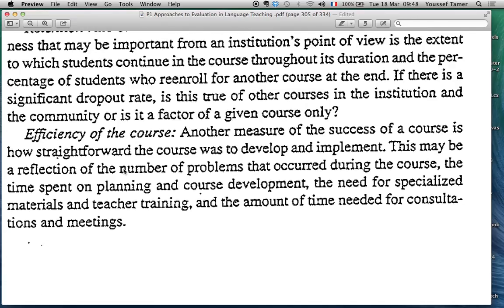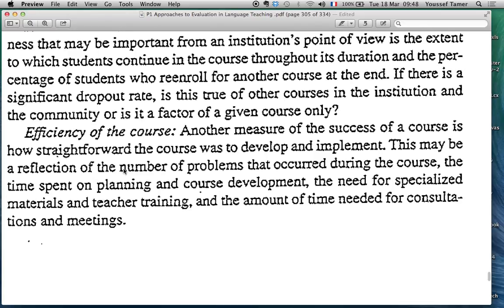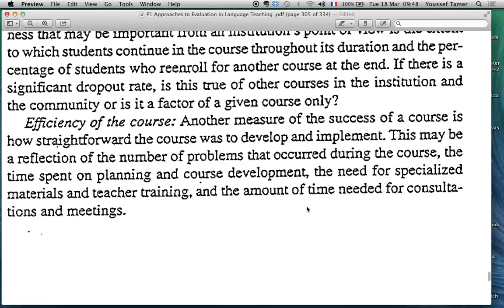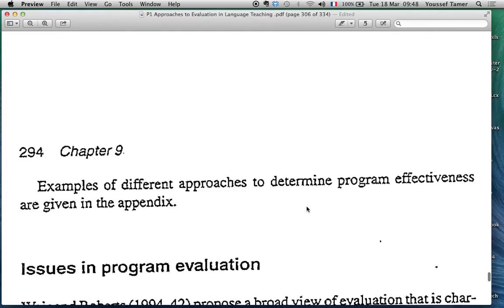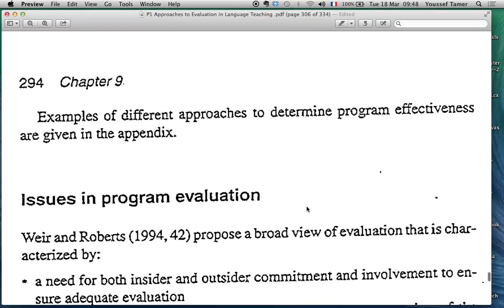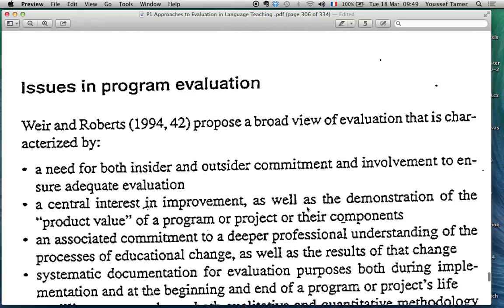Efficiency of the course. Okay, is it efficient? How straightforward the course was to develop and implement. Good. So those are some of the criteria for a successful implementation of evaluation, especially summative evaluation.